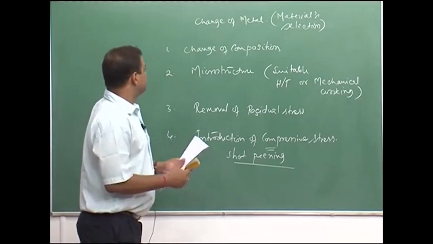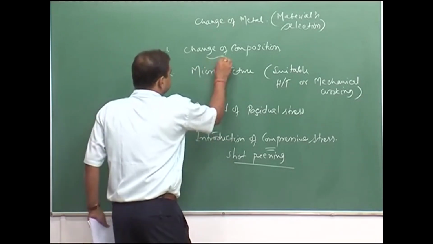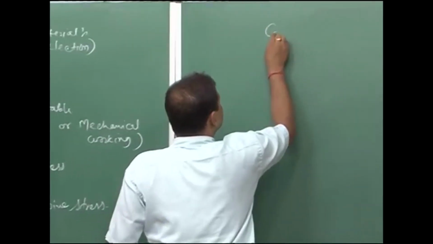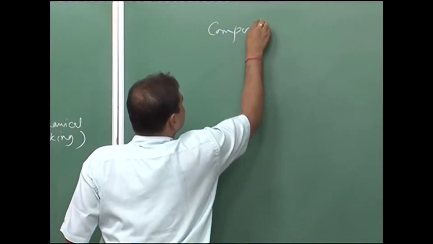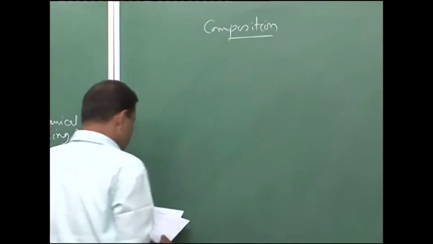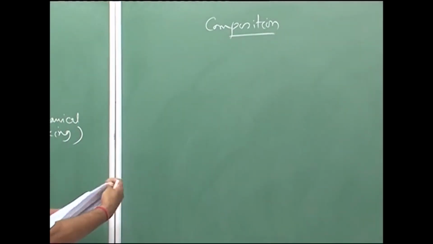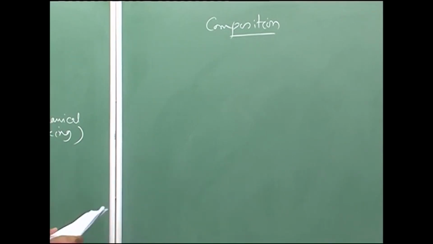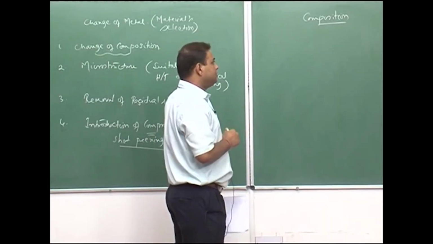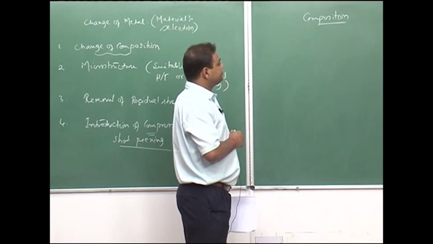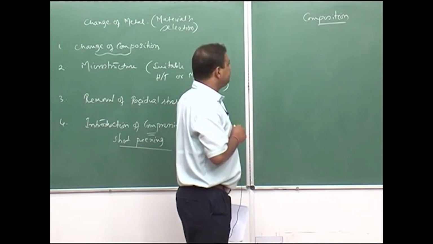We can introduce it. Now, let us check the change of composition. If we see the composition part, one way is we can increase the corrosion resistance either by making it more pure or removing some impurity from the system, or by suitable alloying.